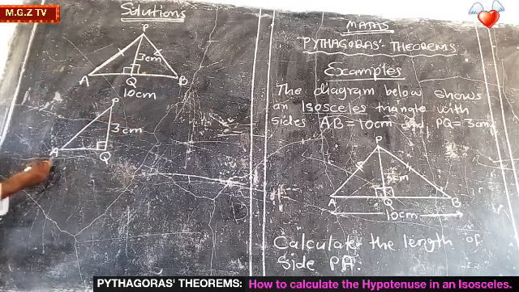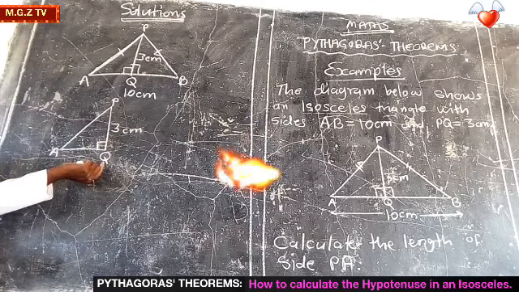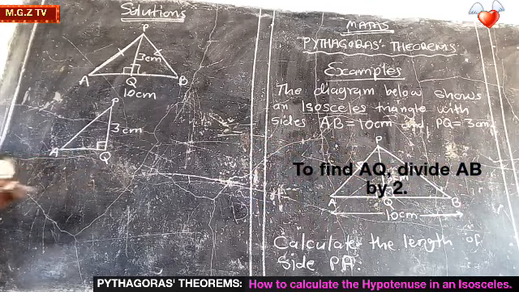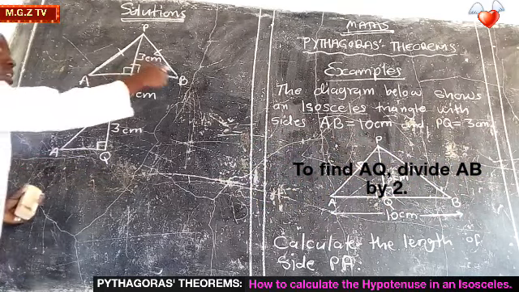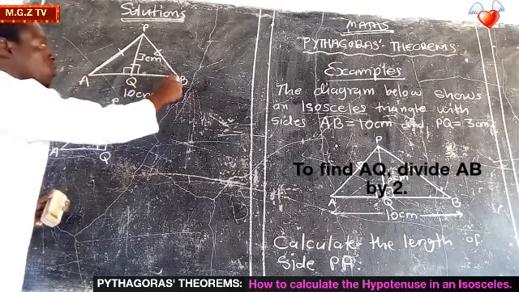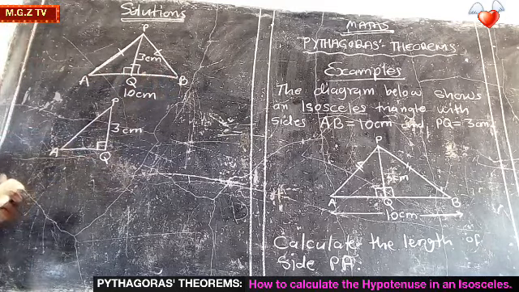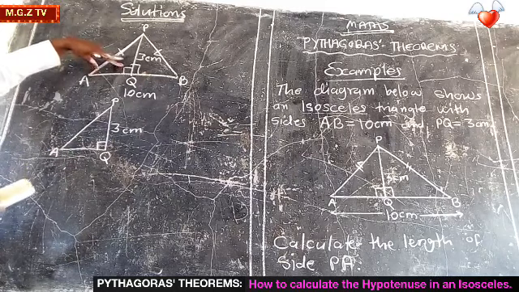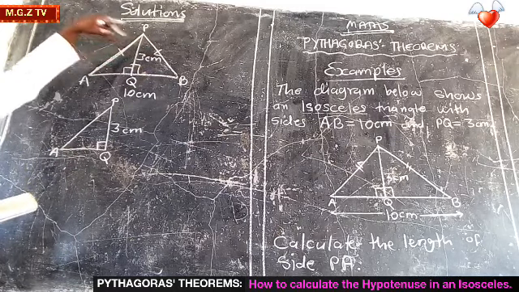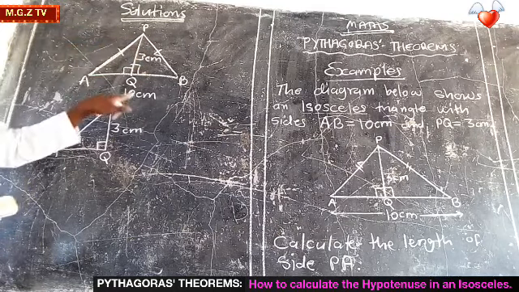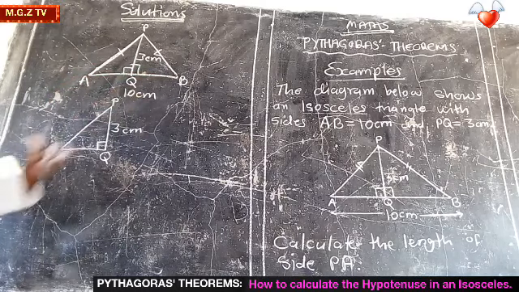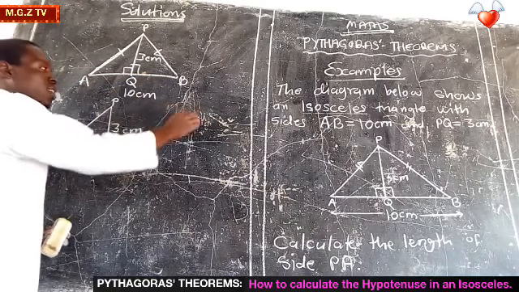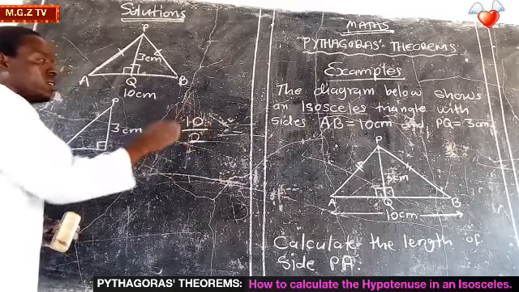How about the A, Q? To find the A, Q, you divide the AB, the whole length of this distance, by 2. Because we have 2 parts, 1, 2. So if you have 2 parts, divide the number for the whole distance by 2. So you have 10 divided by 2.